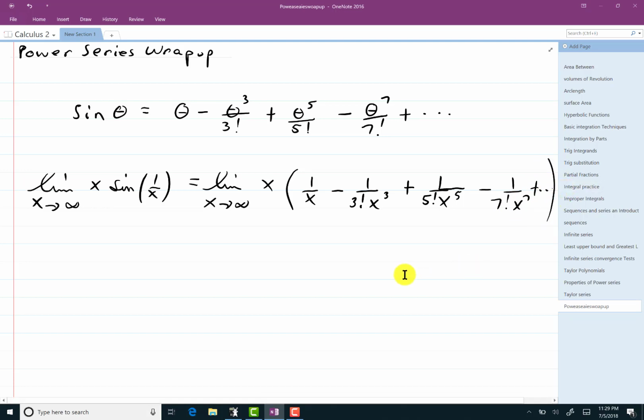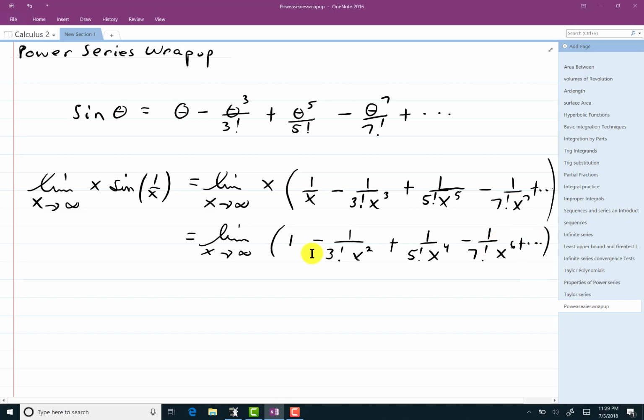Alright, so then what I'm going to do is multiply through by x, and I will get 1 minus 1 over 3 factorial x squared plus 1 over 5 factorial x to the fourth minus 1 over 7 factorial x to the sixth.